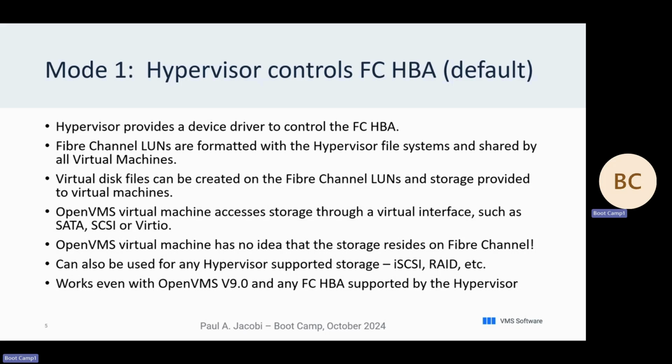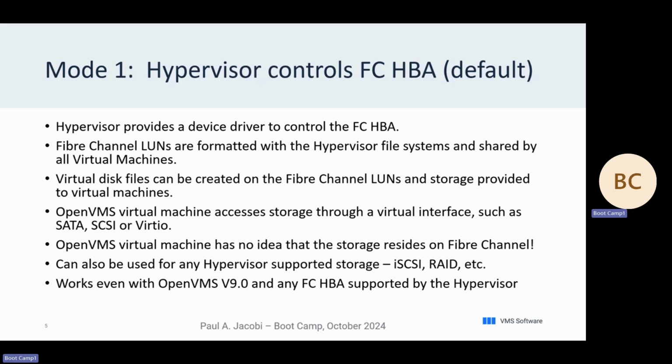Virtual disk files can be created on those Fibre channel LUNs, and the storage provided to OpenVMS virtual machines. OpenVMS accesses the storage through a virtual interface, such as SATA, SCSI, or VirtIO. OpenVMS actually has no idea that this storage is residing out there on the Fibre channel in this mode.